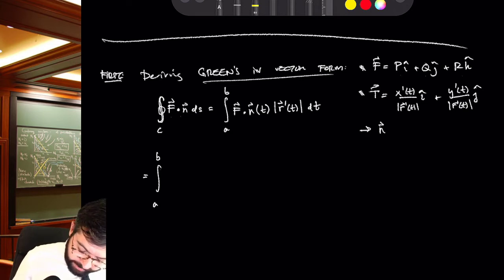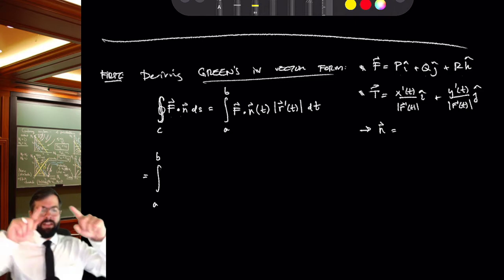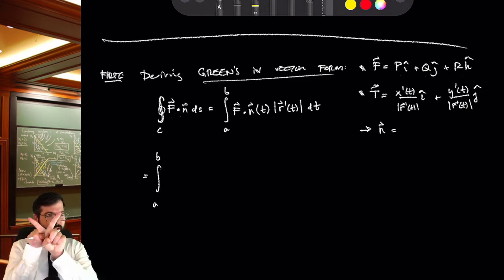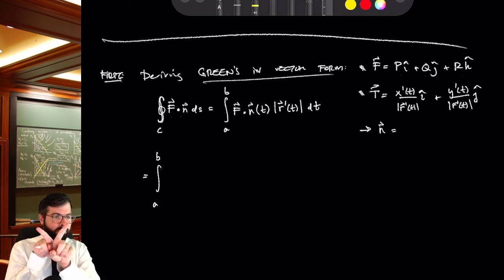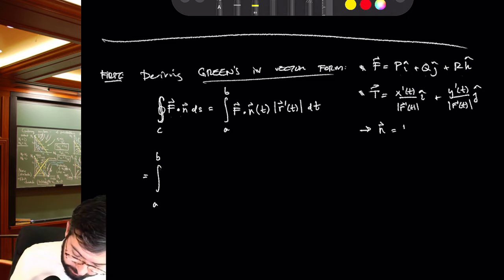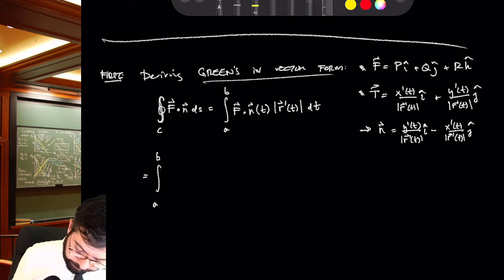This tells us that n is what? It's going to be normal to that. So what are we going to do? We flip and negate the components, right? So this becomes instead y prime over r prime i minus x prime over r prime j.